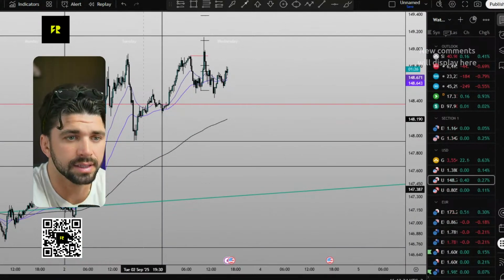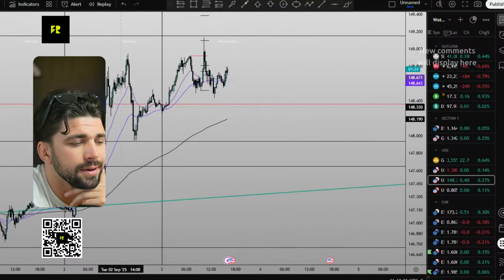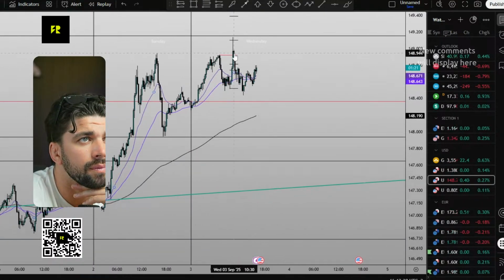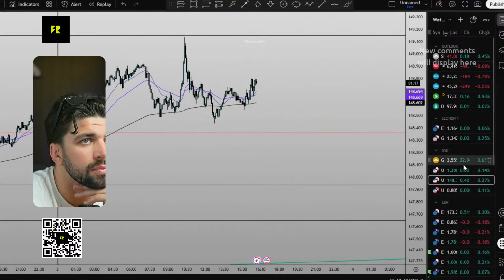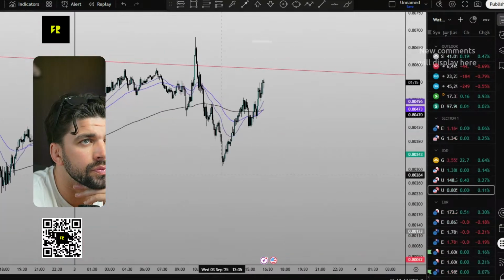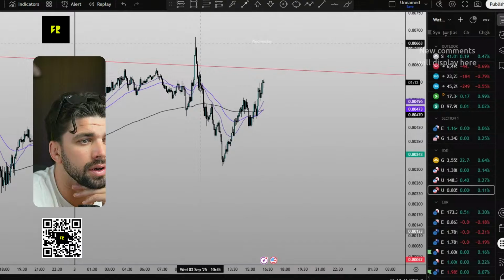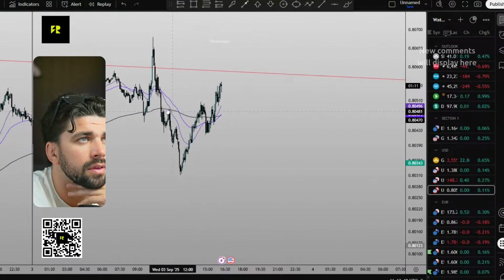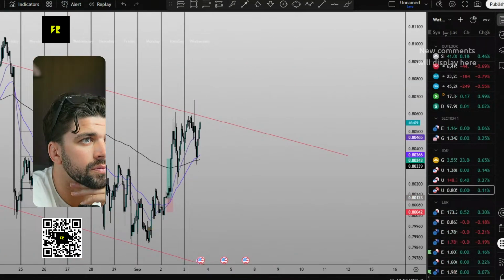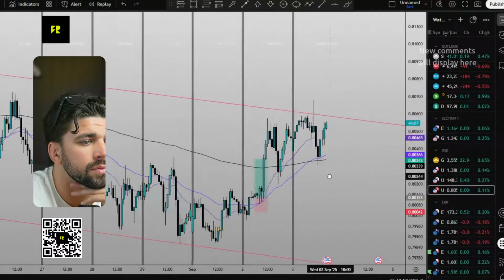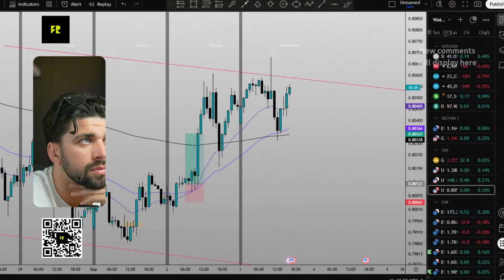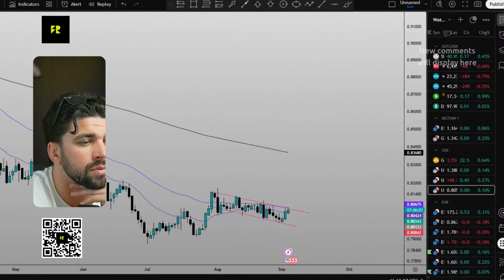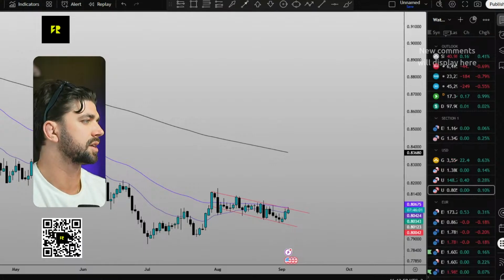Looks like we're going to get that continuation on USD yen. Very nice. Let's see what Sky's doing.